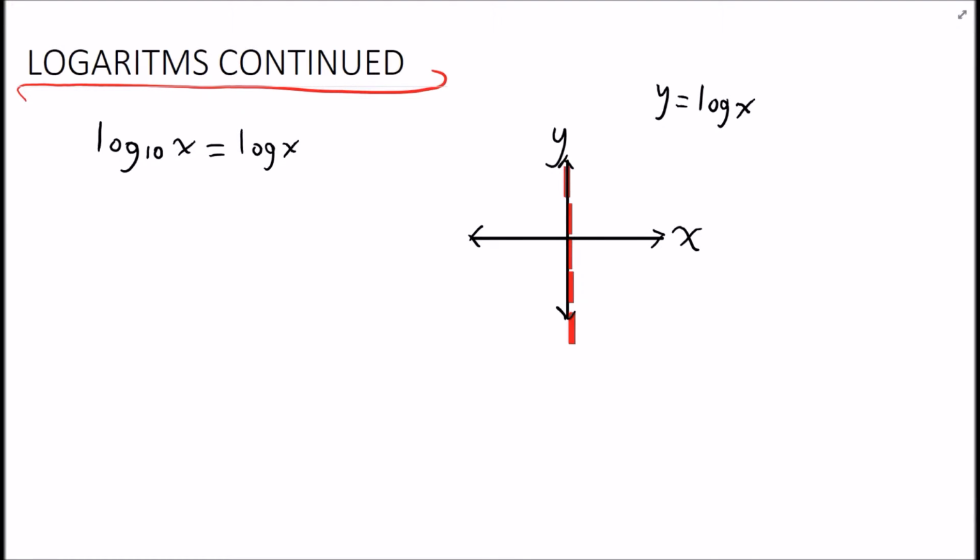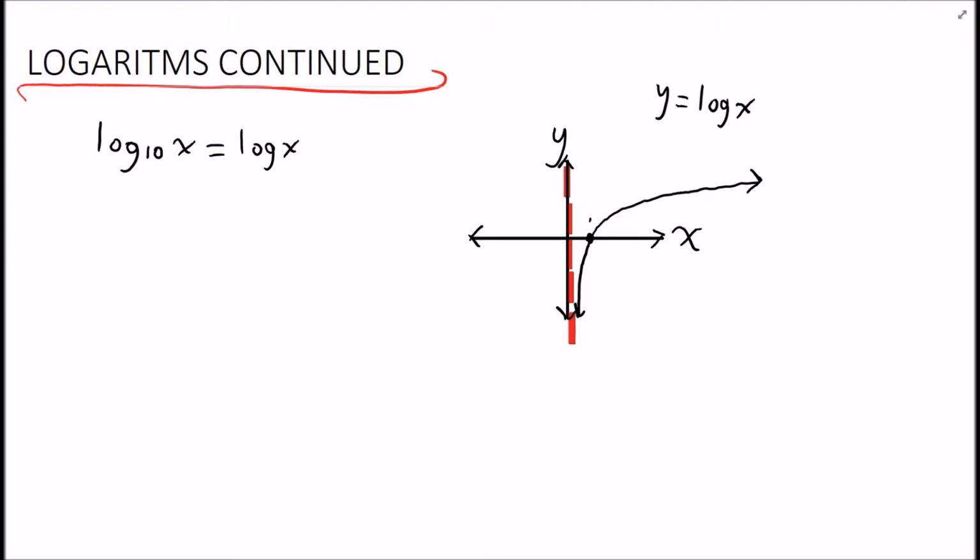And the log of 1 is equal to 0. So at 1, it crosses the x-axis. It goes down, so for less than 1, it's a negative value going down to negative infinity. And on the other side, it's continuing to increase, but it's slowing as it does so. So it's always increasing, but the further you go out, the longer it takes to increase.